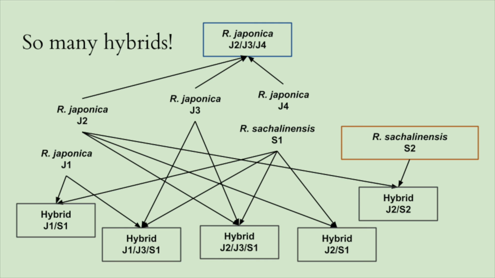But we see lots of combinations of hybrids, so there's no clear pattern as far as J1 and J2 and S1 and S2 and so forth. Almost every combination is present among these different leafy genotypes, which is why we might have to investigate other markers or work out the finer details, such as source populations, to sort of delineate the parental species, their original location, and when they were first introduced.